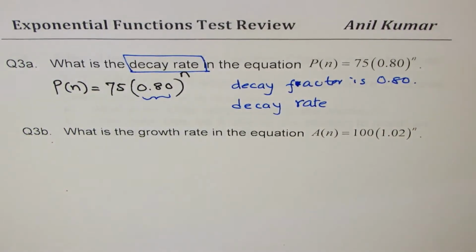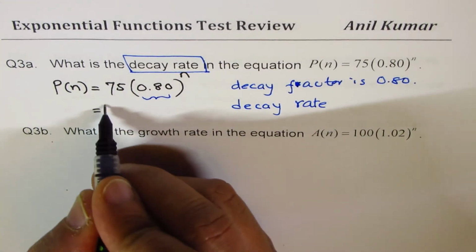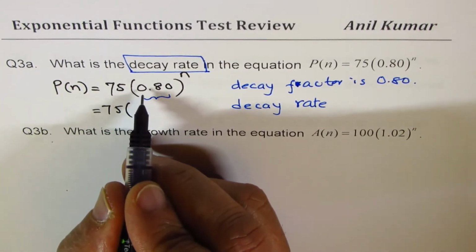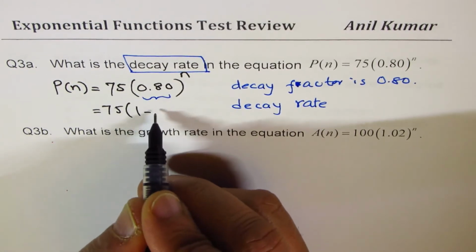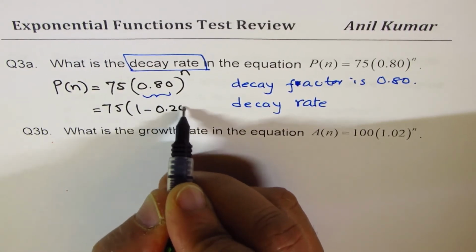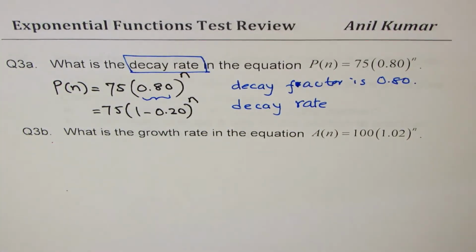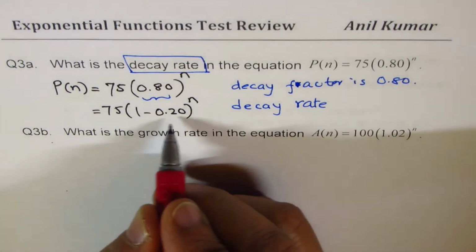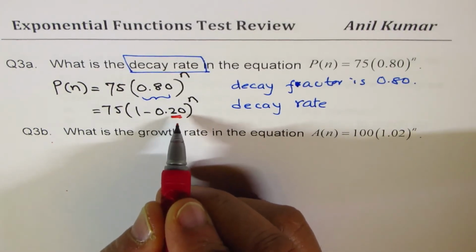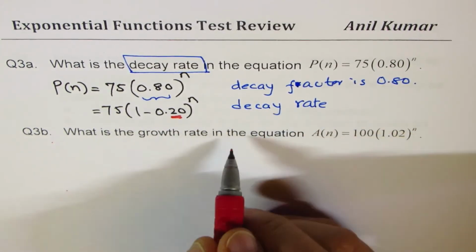What is decay rate? For that, you should rewrite this equation as 75 times 1 minus something, right? So 1 minus 0.20 to the power of n. In that case, this part of the factor, 0.20, is your decay rate.